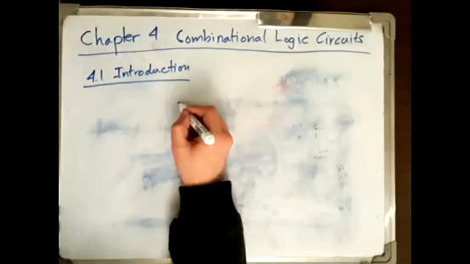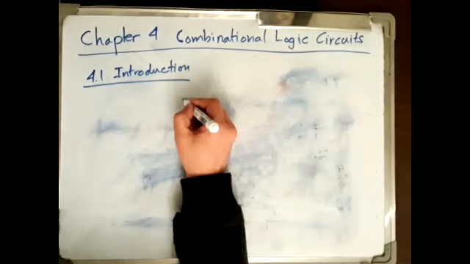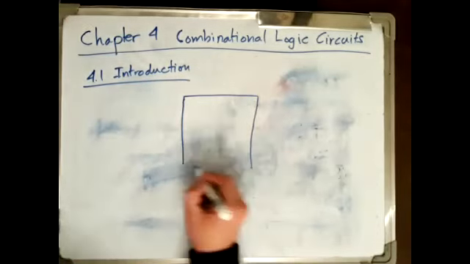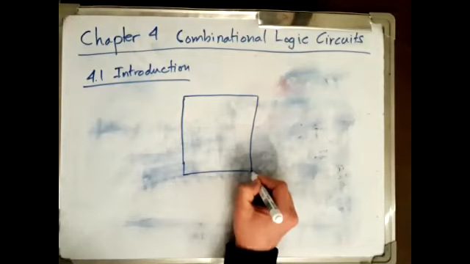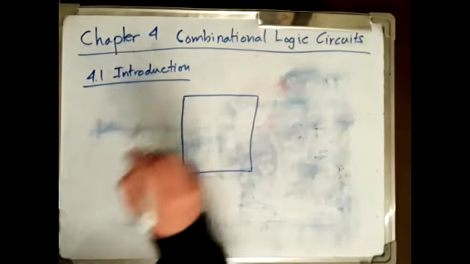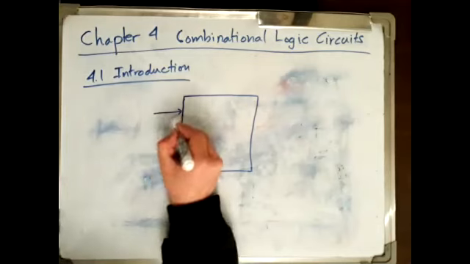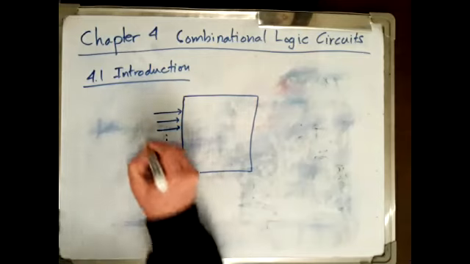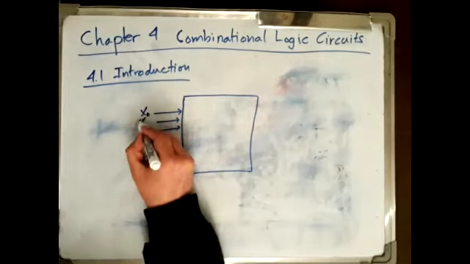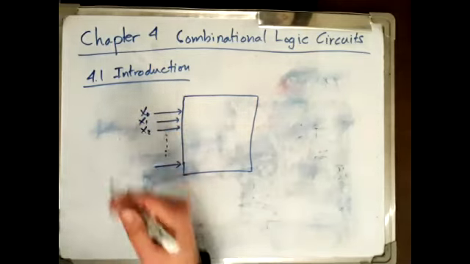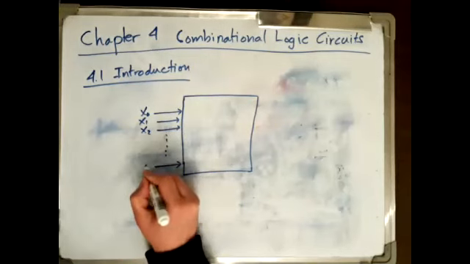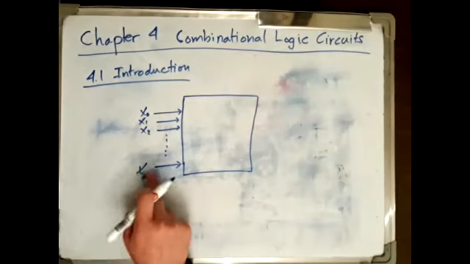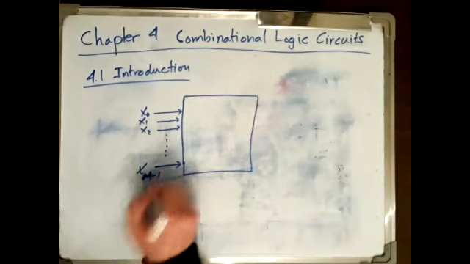So what is meant by a combinational logic circuit? Basically, we said that any digital system is a block with a certain number of inputs, let's say x0, x1, x2, or a, b, c, d, whatever variables you may have, up to x(m-1).